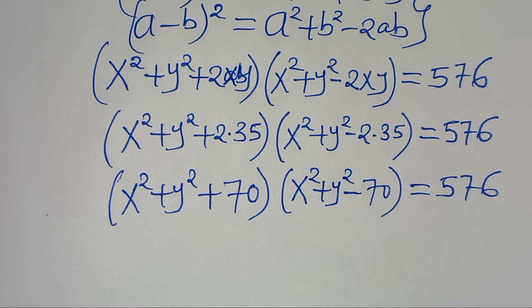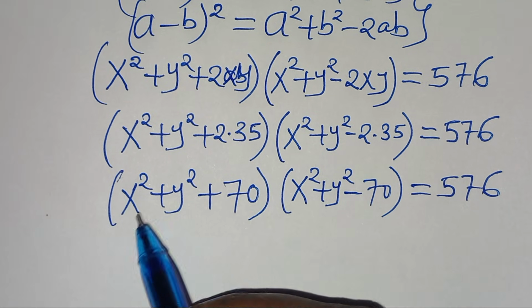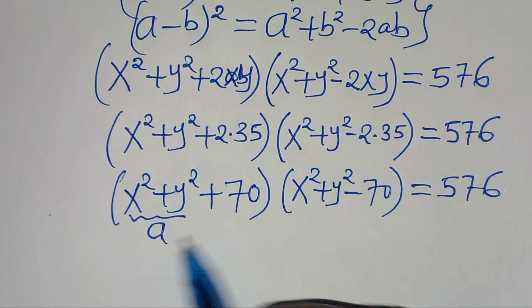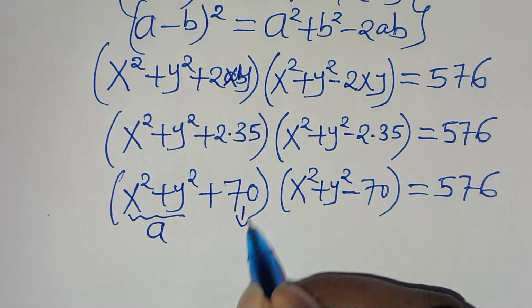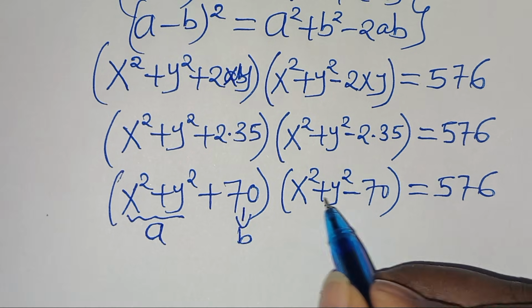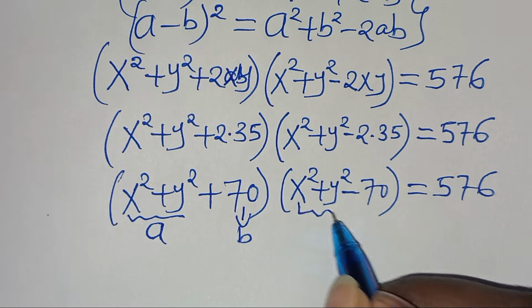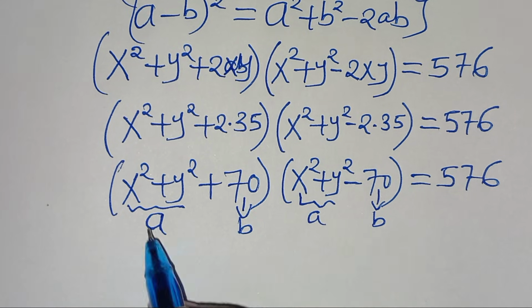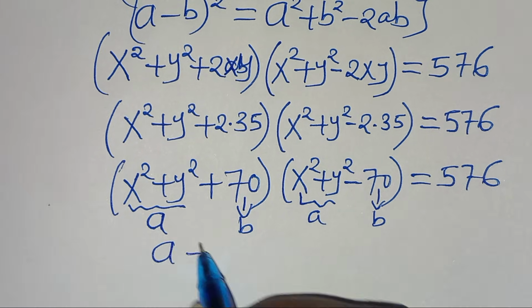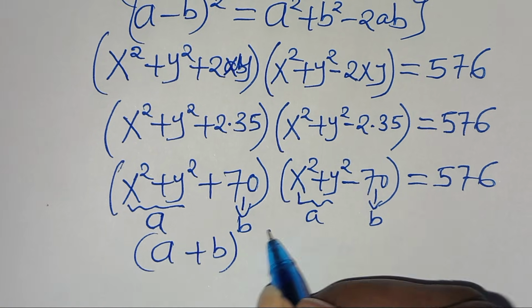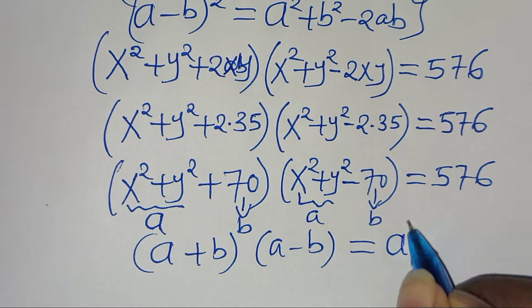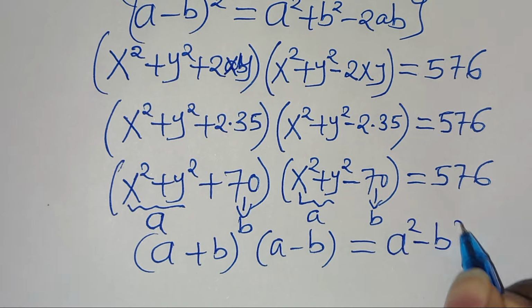Now, we need to note here that x squared plus y squared, we can call this one a. 70 here, we can call this b. x squared plus y squared here, we can call this a, as well as this we can call b. So this is in the form of a plus b multiplied by a minus b, which we can express as a squared minus b squared.